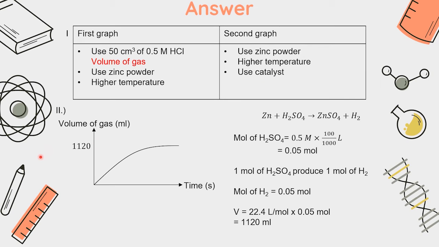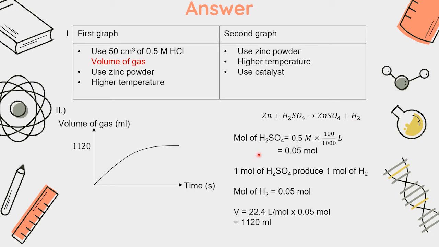So for the second part, we have to draw a graph if we use sulfuric acid instead of hydrochloric acid. So first of all, we write down the equation where we have zinc reacting with sulfuric acid to form zinc sulfate and hydrogen gas.